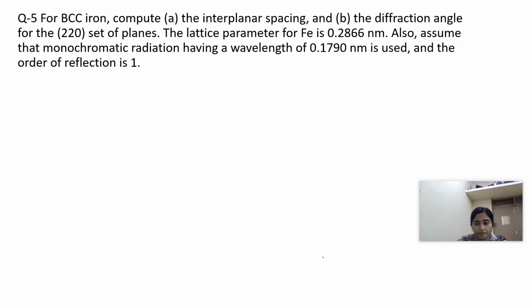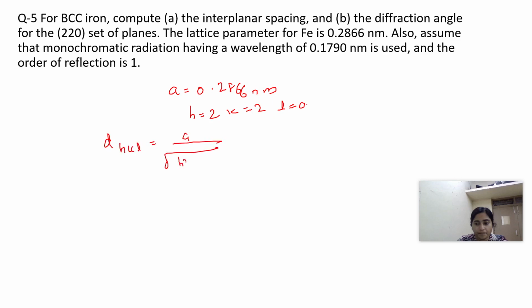So our data are a equal to 0.2866 nanometer, and h equal to 2, k equal to 2, l equal to 0. You can use the formula d_hkl equals a by root of h squared plus k squared plus l squared, and find the value. a is given, so you will get the interplanar spacing.